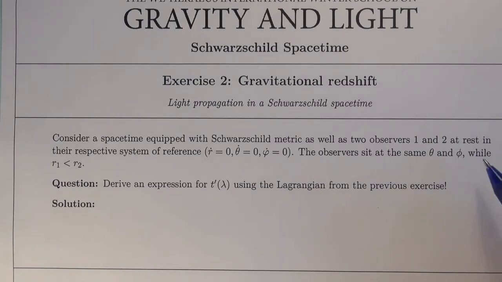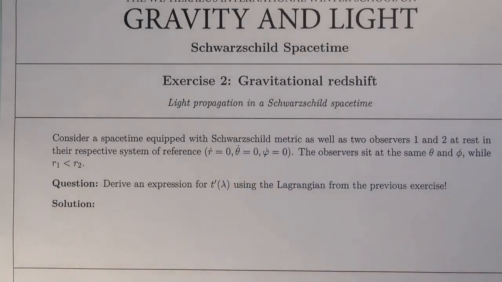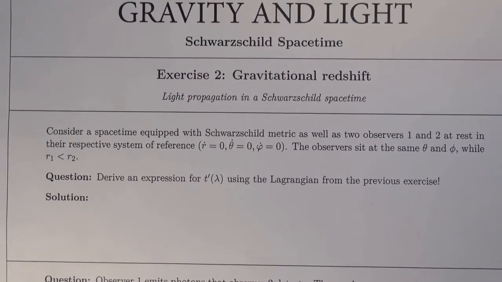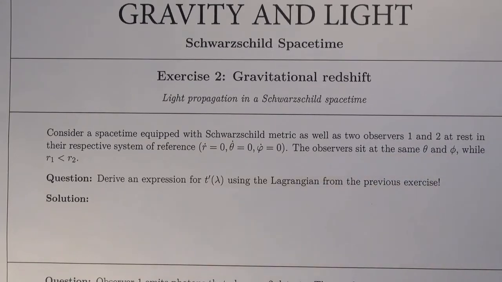That means their coordinates r, theta and phi don't change. They only move in time. The observers sit at the same theta and phi for simplicity, while the radial coordinate r1 is smaller than r2.